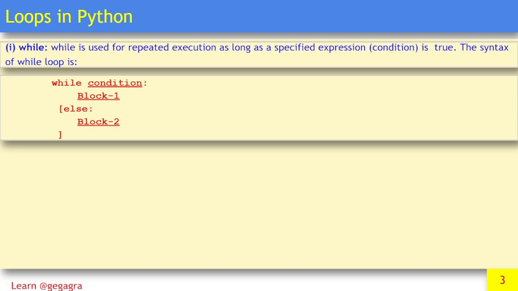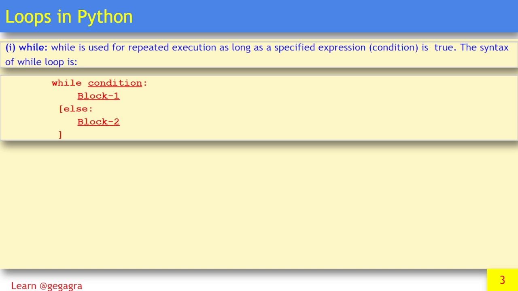And suppose the condition given along with while is false in the beginning already, then block 1 will not be executed. Why? Because the condition is false. So it automatically comes to the else block, where block 2 is executed.